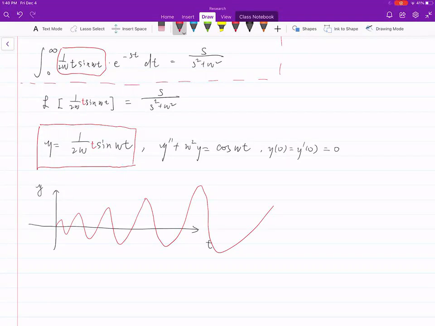So when you have a resonance, it doesn't just shake right away, but given more time, they resonate with each other. The more time you have, the more energy they accumulate, they start to shake more and more severely. And when t goes to infinity, technically this one should go to infinity.